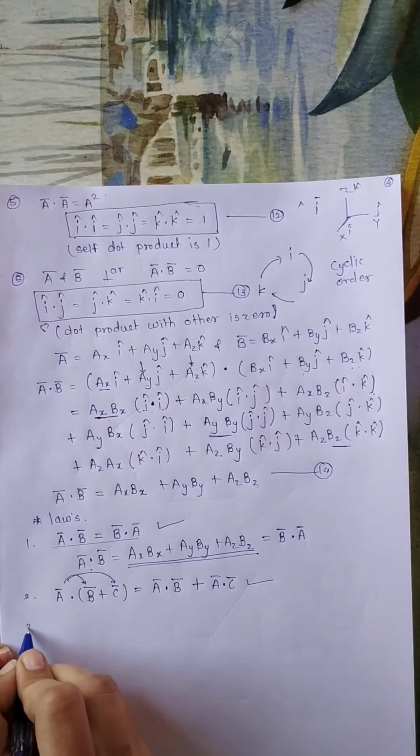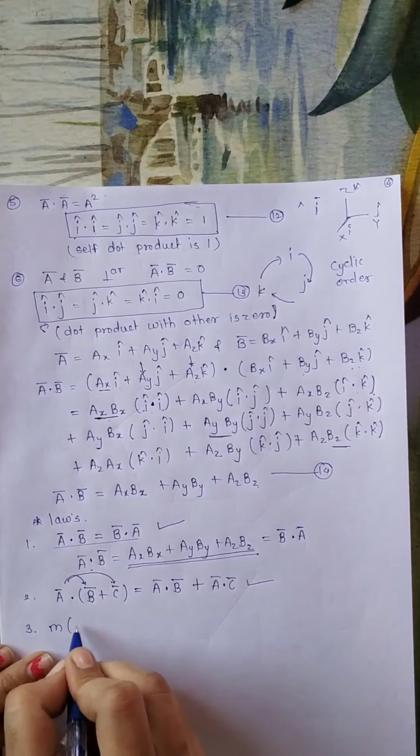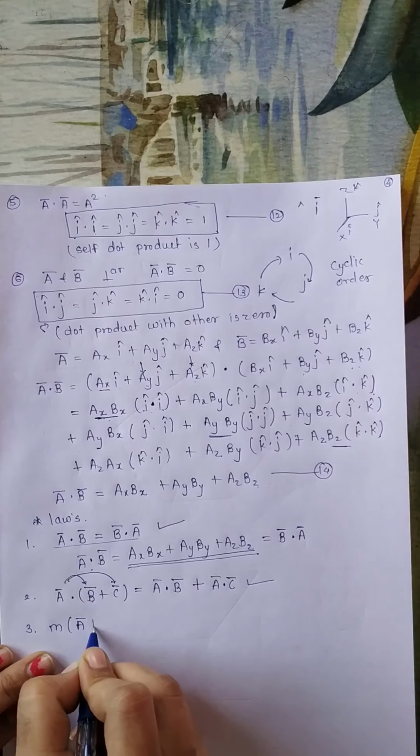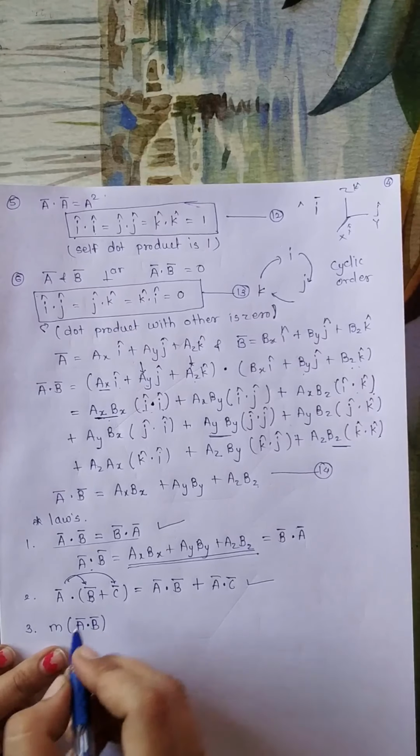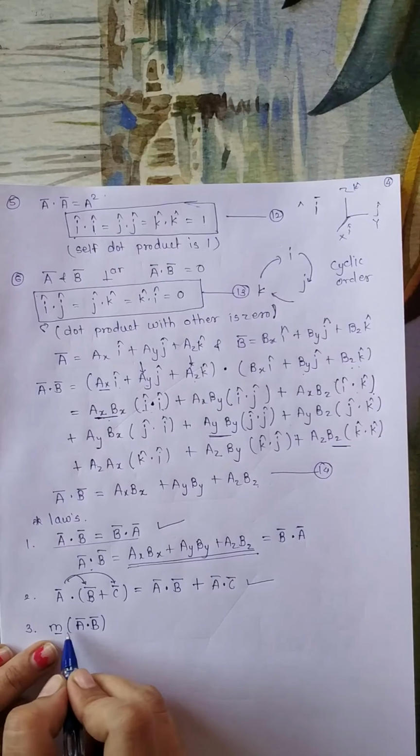And the third thing is that if I have some scalar m and it is multiplied to a bar dotted with b bar, then I can take this scalar in front of any term.